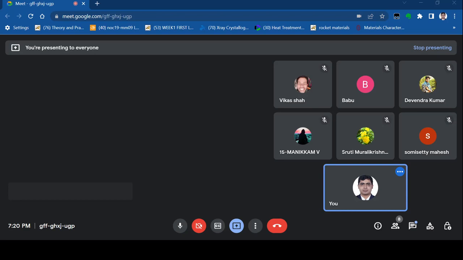So the resultant will be something like this. This is the highest point. This value is delta G star and this is our R star, the critical radius and critical nucleation barrier.